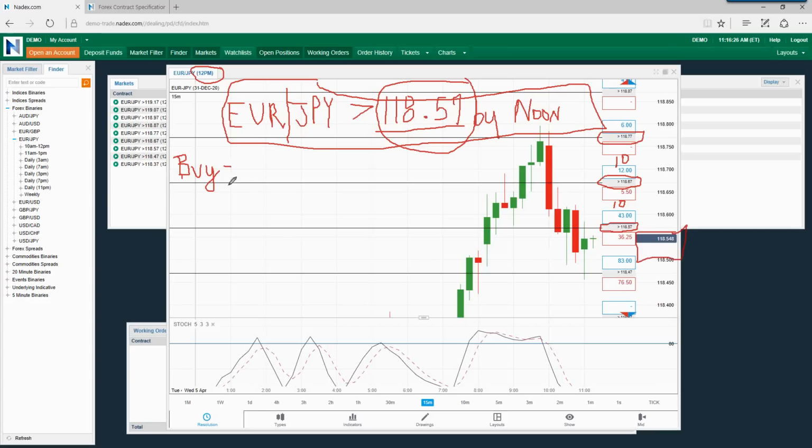Okay, when we buy, it's because we believe that this price, which is called the indicative price index, I'm sorry, will be greater than this strike price, okay?